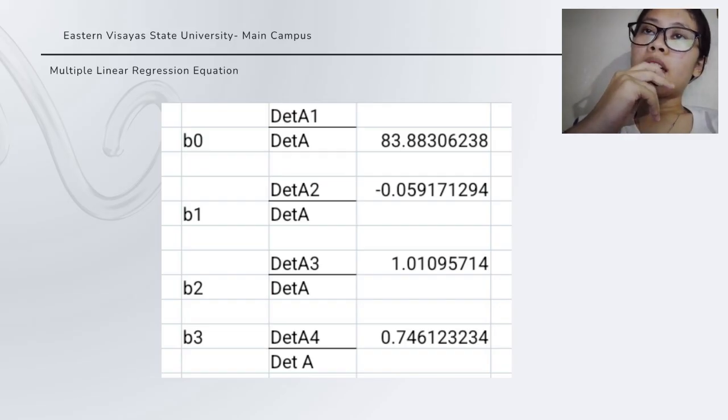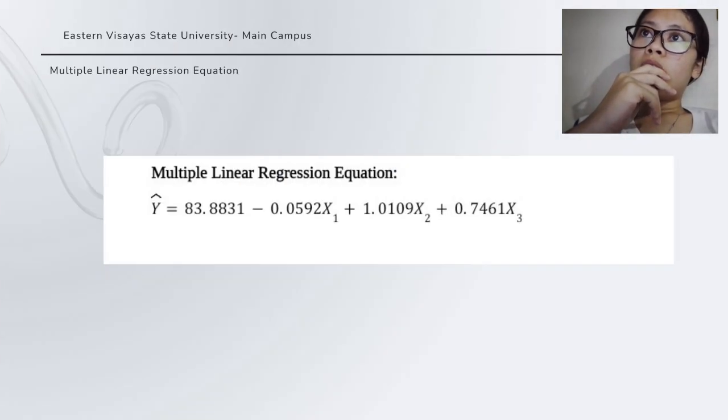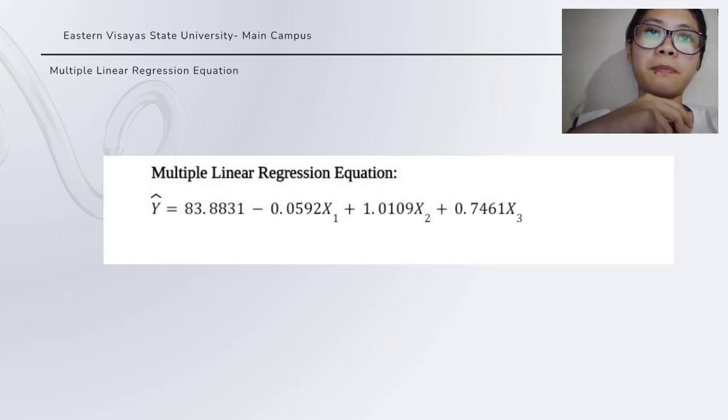So pag i-substitute natin sa multiple linear regression equation yung formula, makakakuha tayo ng multiple linear regression equation which is y hat equals 83.8831 minus 0.0592 x sub 1 plus 1.0109 x sub 2 plus 0.7461 x sub 3.